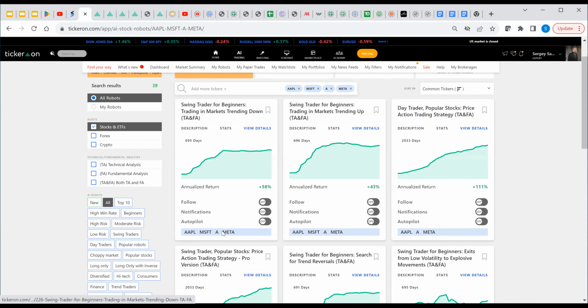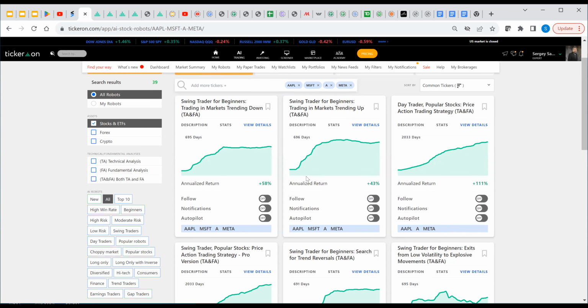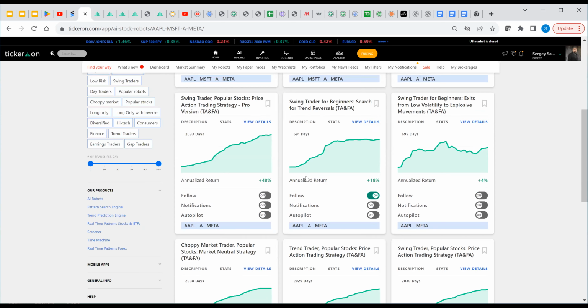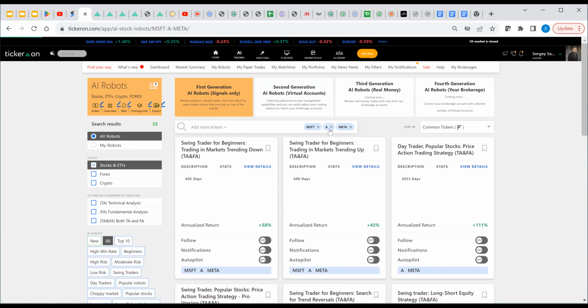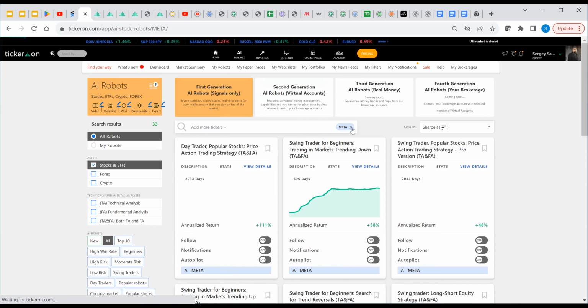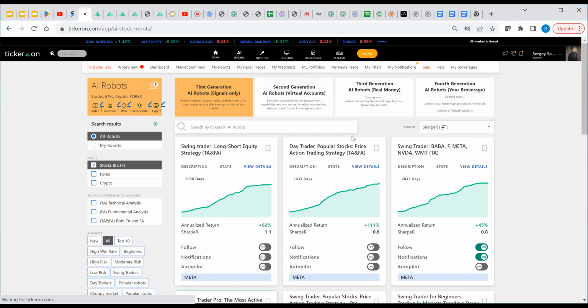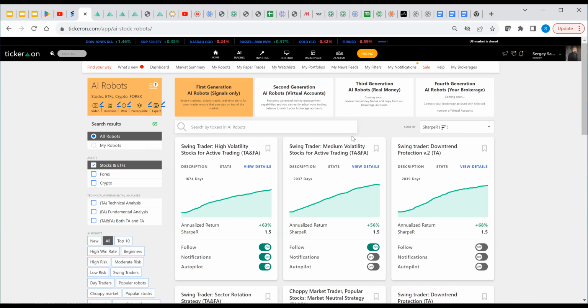Do I have it? Yeah, I have, you see, 3, right? So that's a list of all kinds of combinations you can find, okay? That's a really good feature if you're interested in very specific symbols or tickers to trade, and you want to find one robot to trade.